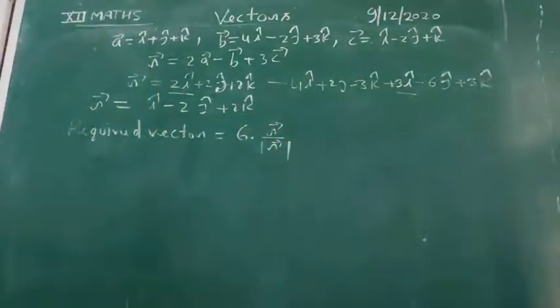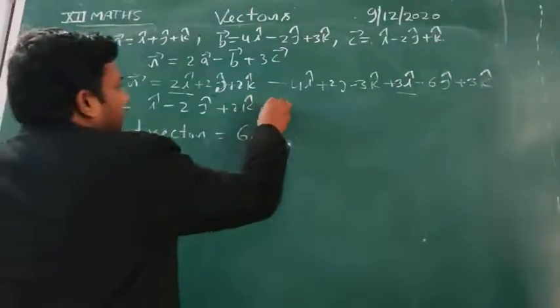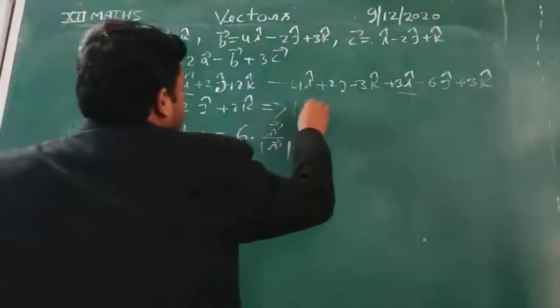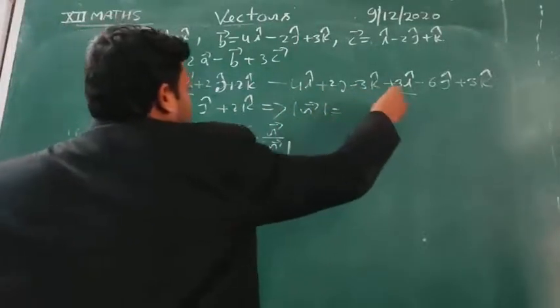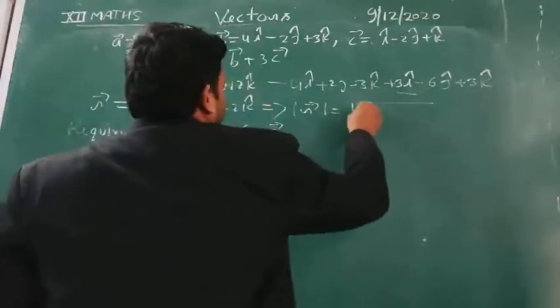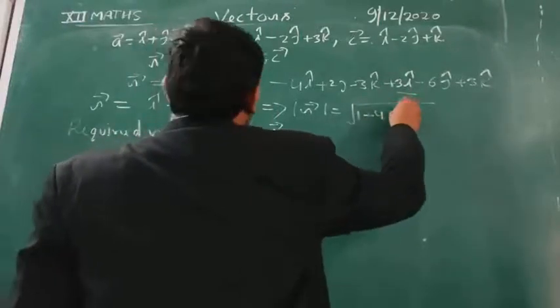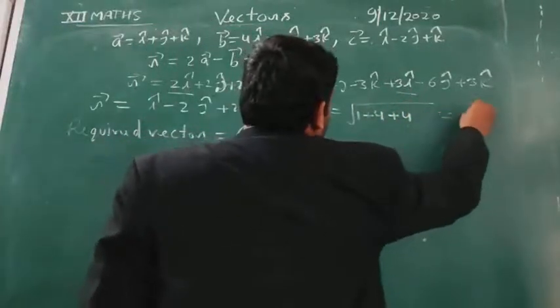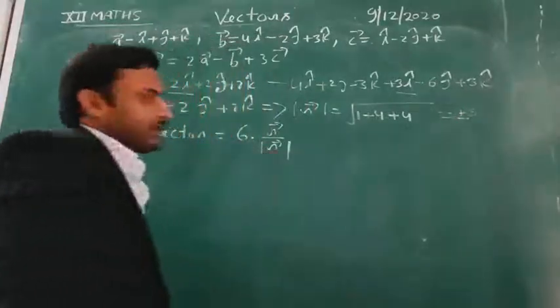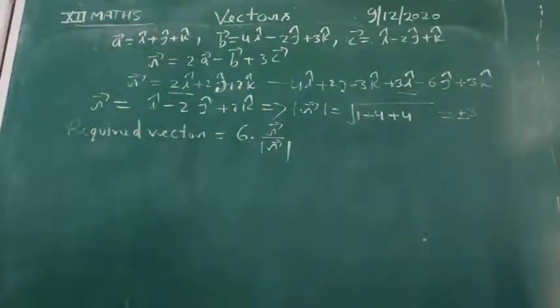Okay, so it will be our required vector. Our vector r is this, and the magnitude of r is under root 1 plus 4 plus 4, which is equal to 3.